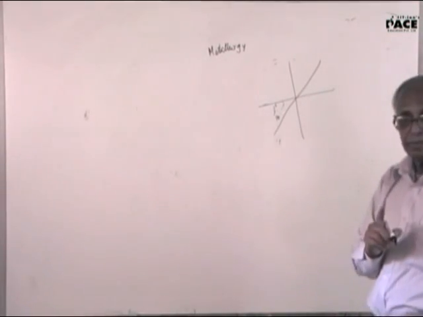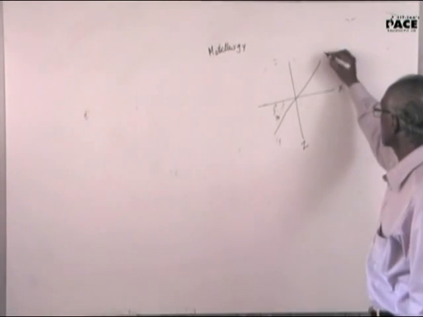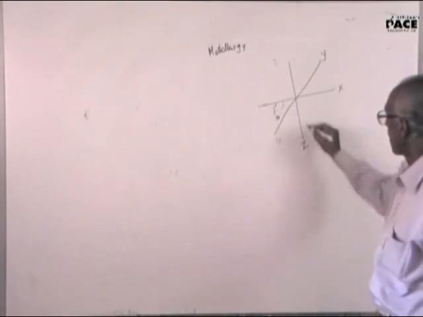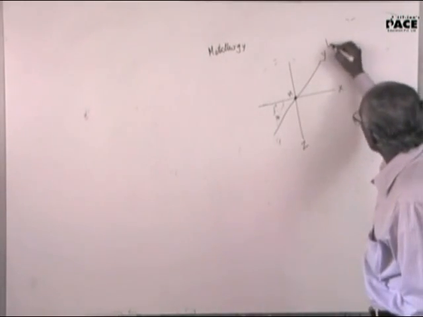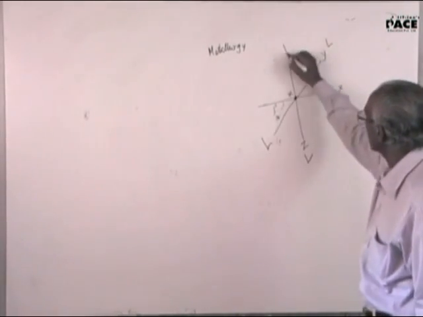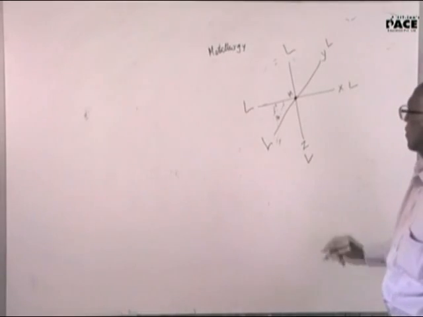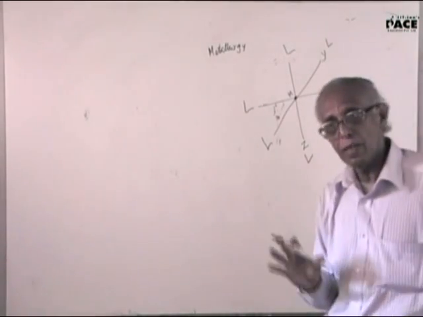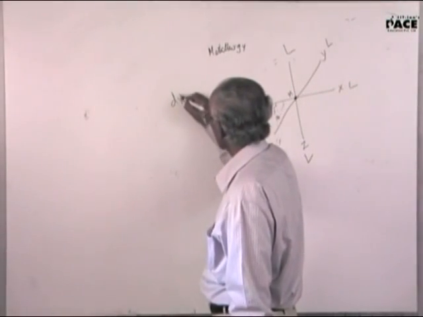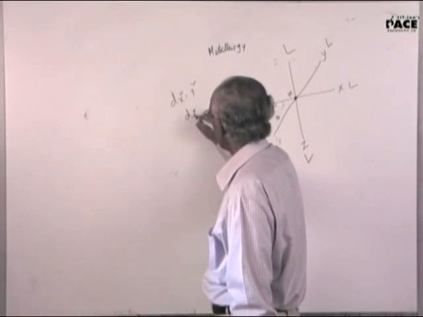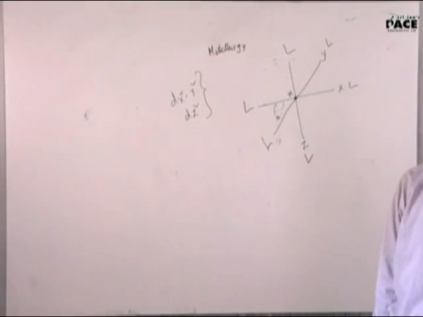In octahedral geometry, suppose this is z-axis, this is x-axis, this is y-axis. The metal is at the center. The ligands are present along the x-axis, along the y-axis, and along the z-axis. Now, there are 5 different d orbitals of the metal. Out of the 5, dx square minus y square and dz square point along the x and y axes and the z axis.